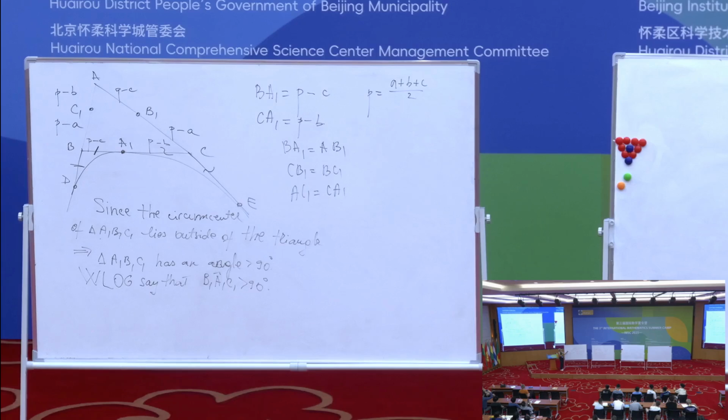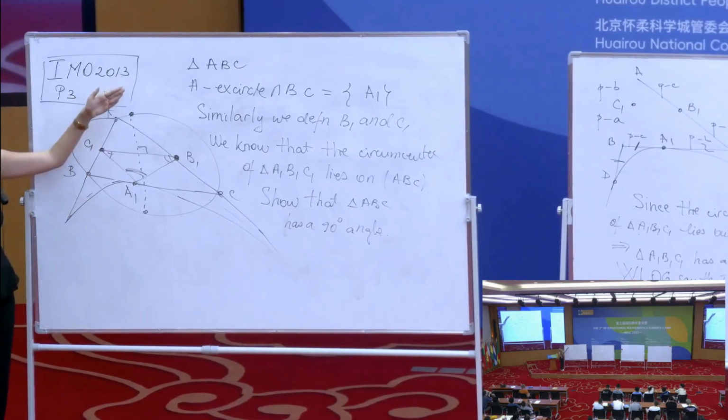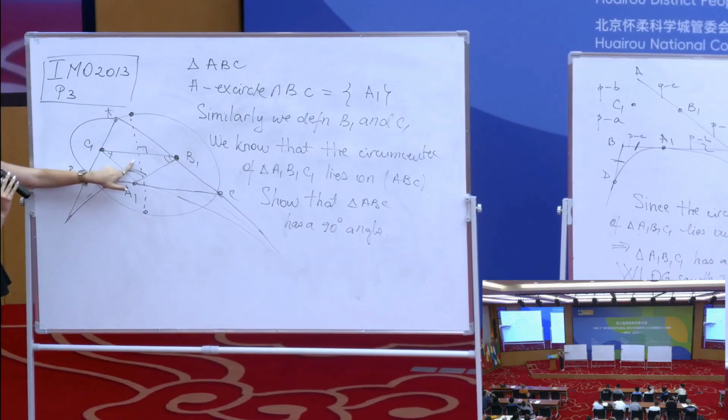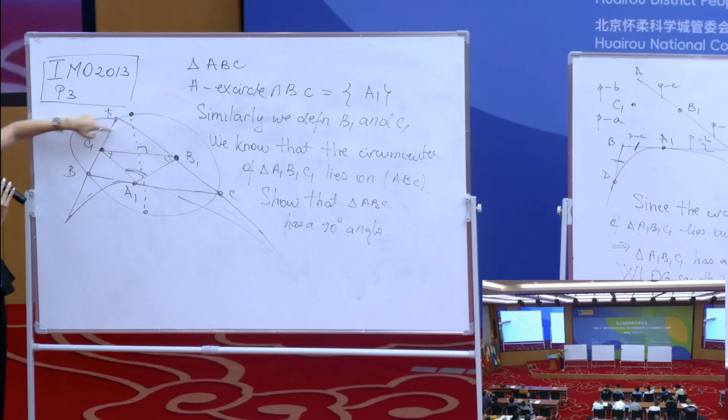What happens in this case is that the circumcenter is going to be above B1C1. When I intersect the perpendicular bisector of B1C1, it will be the intersection above B1C1 because your angle A1 is greater than 90 degrees. So the circumcenter will be somewhere around here.